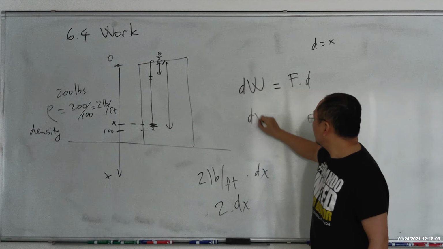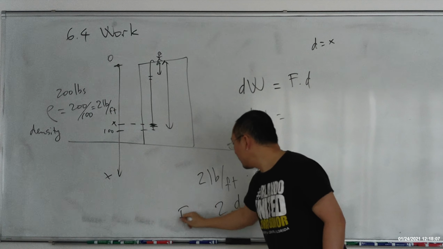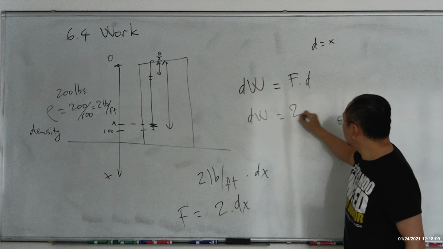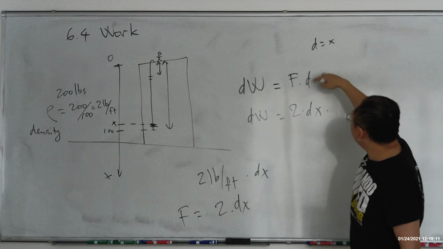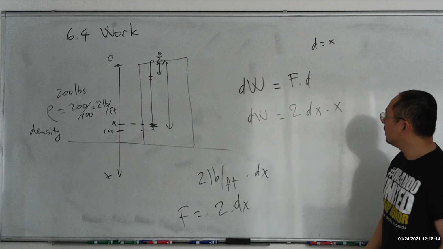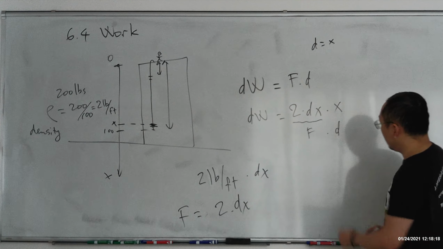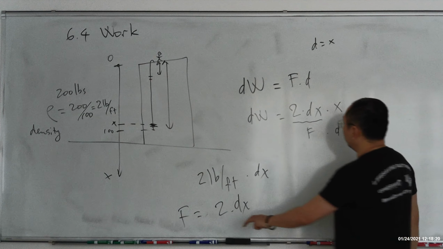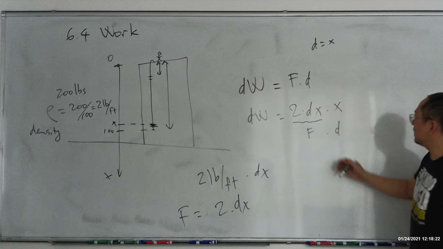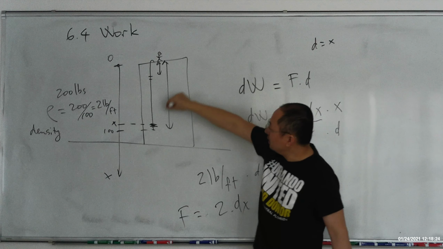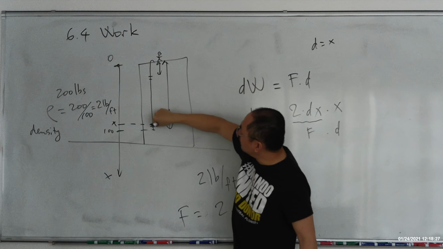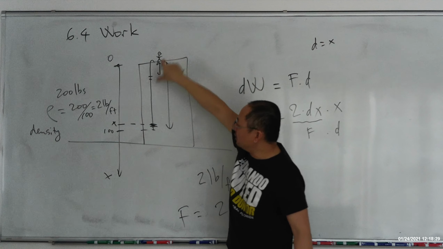So dW is 2 times dx, that's the force by the way, and then times x for the distance. This is the force, and this is the distance. You take the force times the distance, and you have the work. And you see the distance is changing. If that piece of the cable is far away from the top, then the distance is going to be longer.